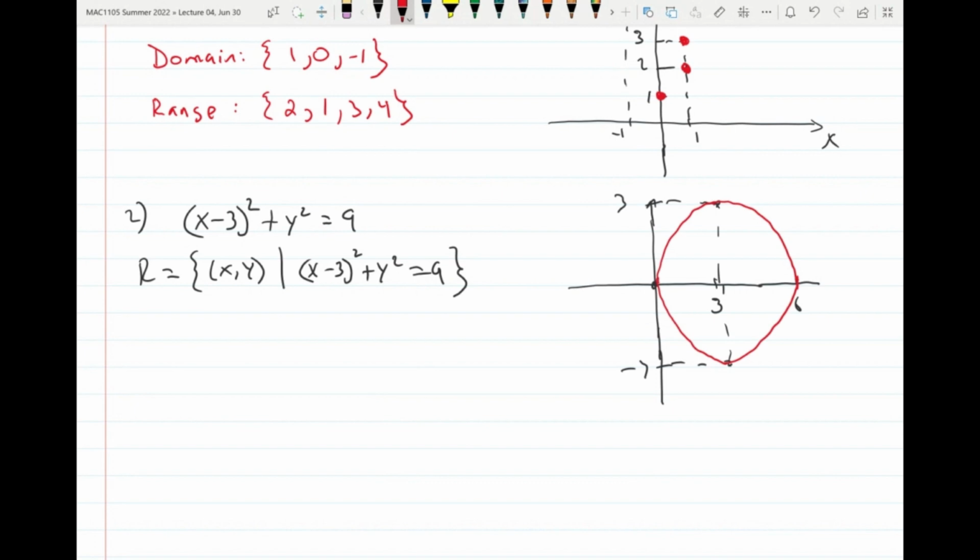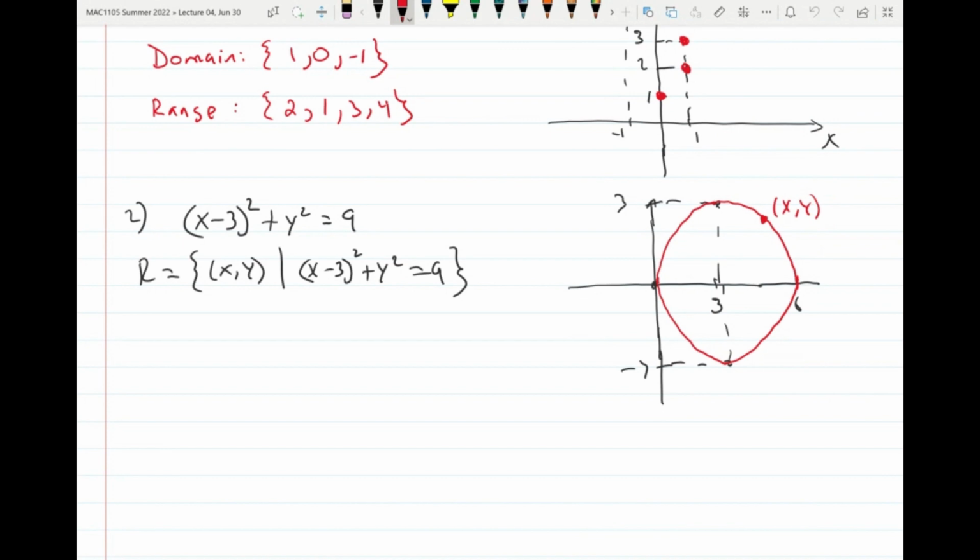These are the elements in the relation. So my (x, y)'s are points in here. Now the thing is that there are infinitely many points here, so we cannot just start writing down one by one. So what do we do? We write down the equation satisfied by those points. Do you understand this? These are relations.